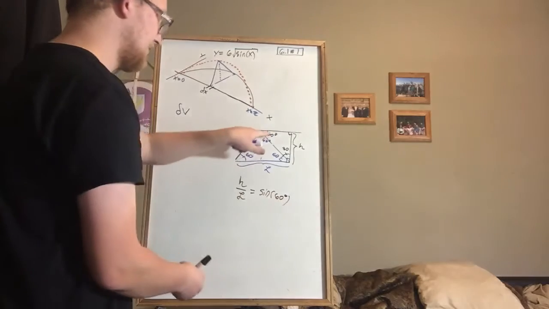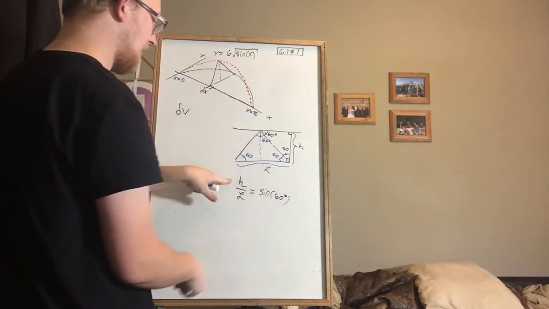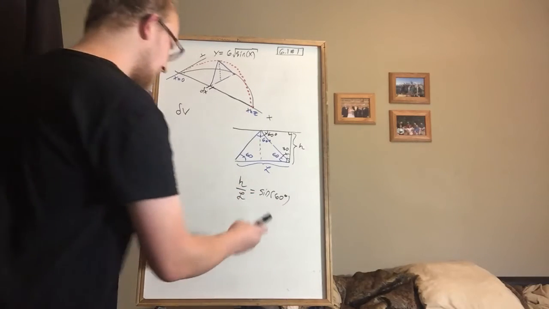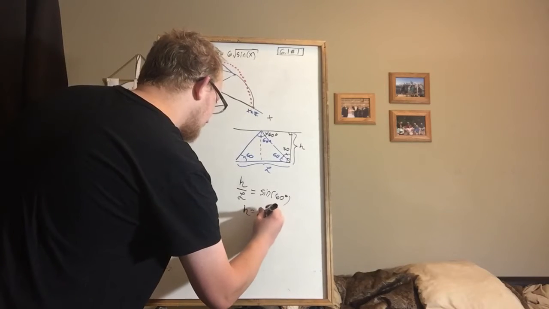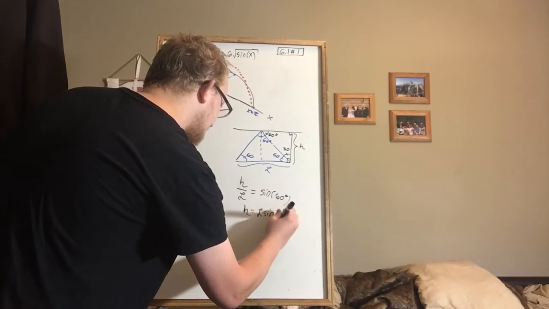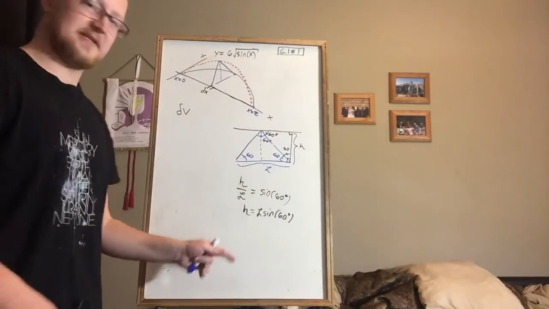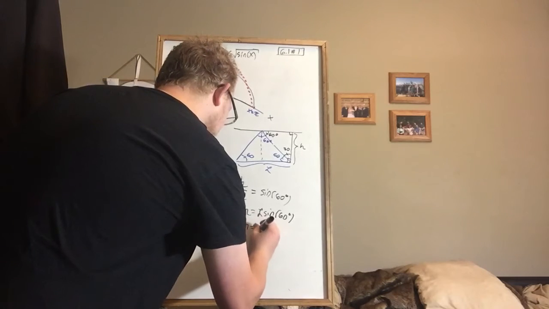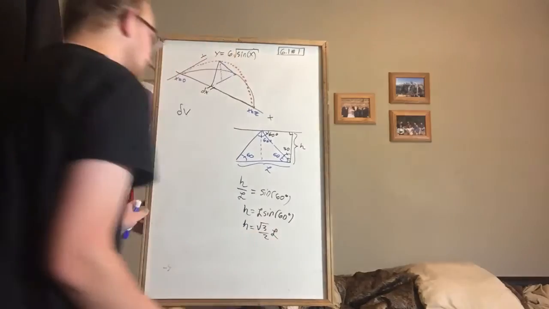So if we look at the angle 60, its opposite is h, and its hypotenuse is L. So opposite over hypotenuse equals sine 60. We can rewrite that and say that h equals L sine 60. And we know that sine 60 is root 3 over 2. So h equals root 3 over 2 L.